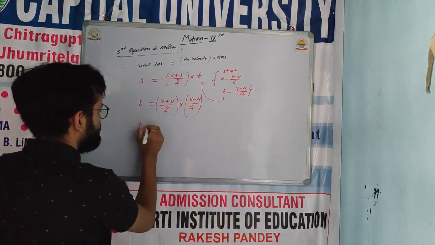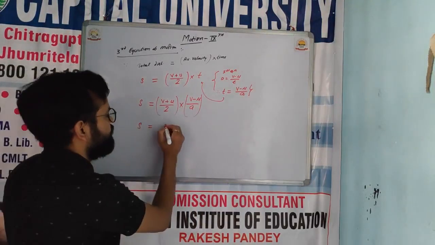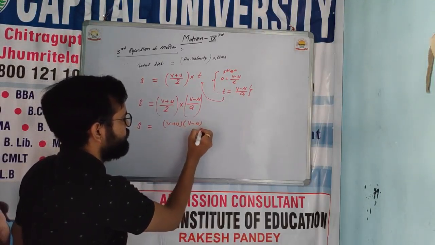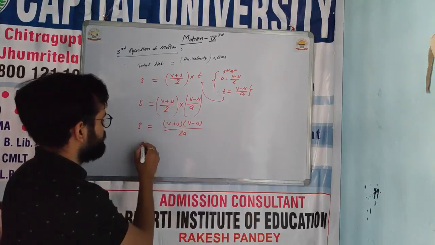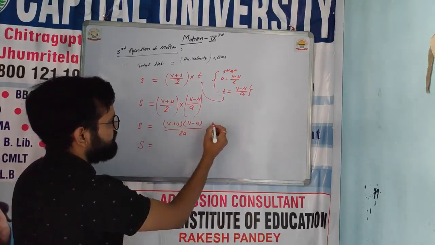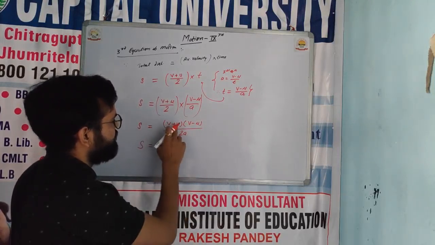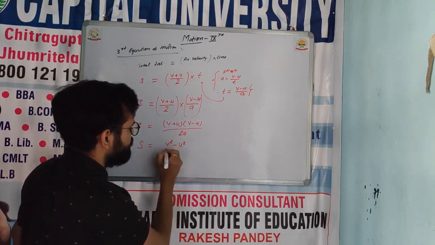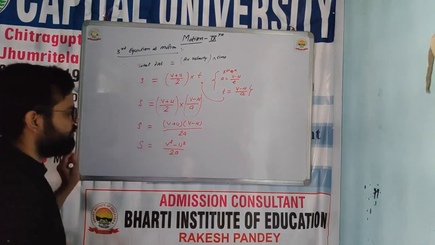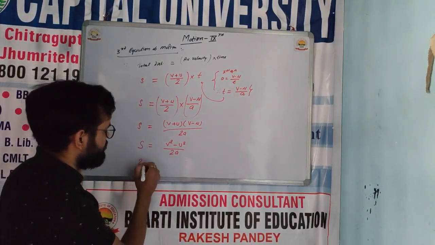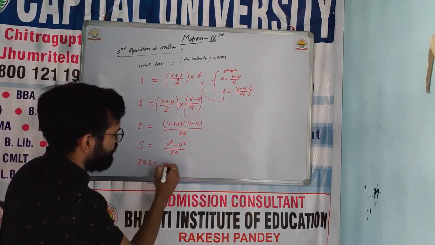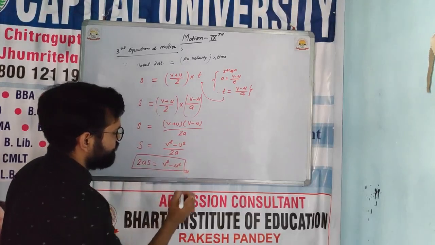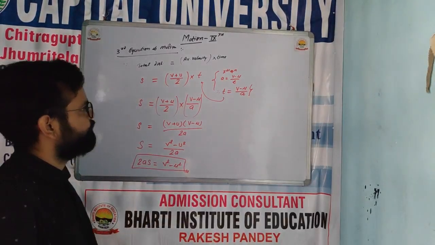Now multiplying numerator and denominator, we get v plus u into v minus u by 2a, so that s equals, there is a formula of mathematics, a plus b, a minus b. It can be written as v square minus u square by 2a. Now on cross multiplication, we get 2as equal to v square minus u square. This is the third equation of motion algebraically.